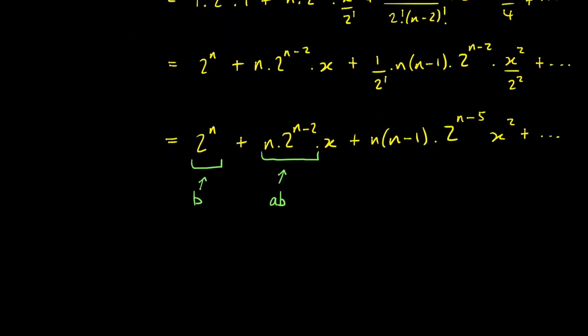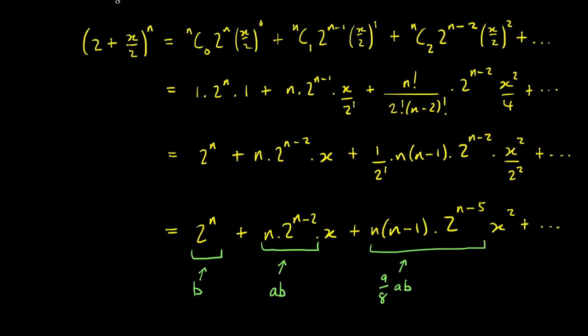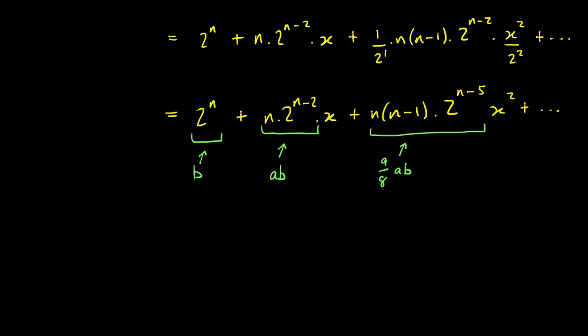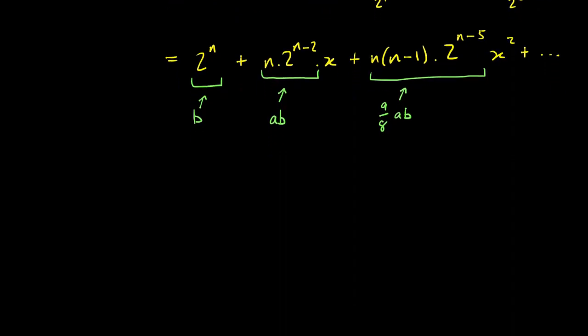And the coefficient of x squared is 9 upon 8 ab, was that? Yeah, ab. Okay, so the constant term is 2 to the power n. ab is n 2 to the power n minus 2, and this thing here is 9 upon 8 ab. Well, I think we can start to solve this, can't we?